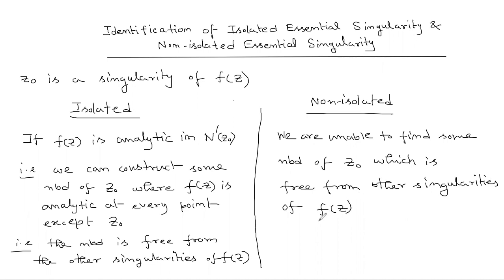That means there does not exist any deleted neighborhood of Z0 where the function fz is analytic at every point. So this is about isolated and non-isolated singularity.